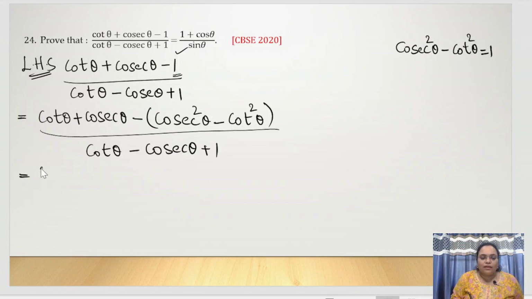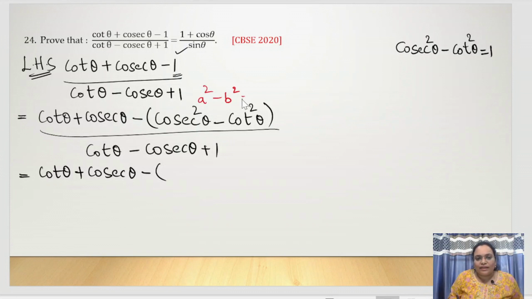So this will be cot theta plus cosecant theta minus cosecant square theta minus cot square theta, which is in the form of a square minus b square. So I can write it as a plus b into a minus b.